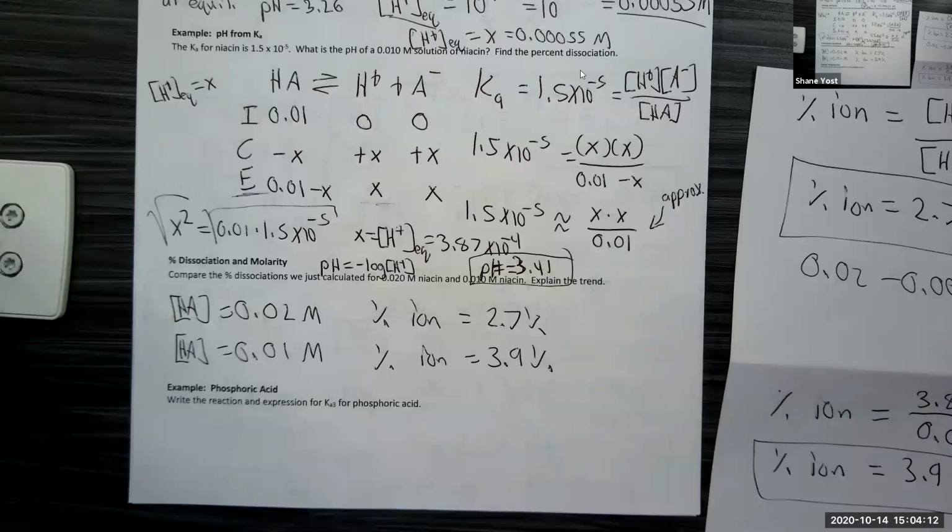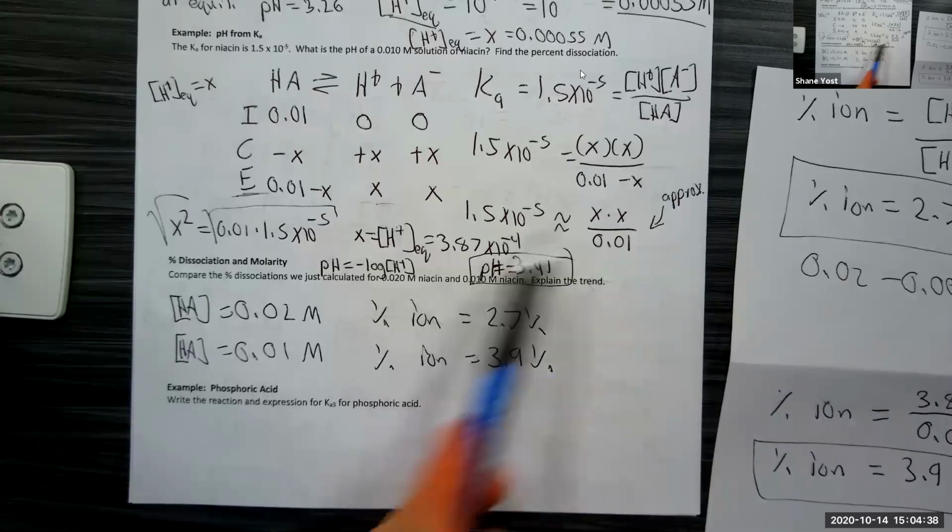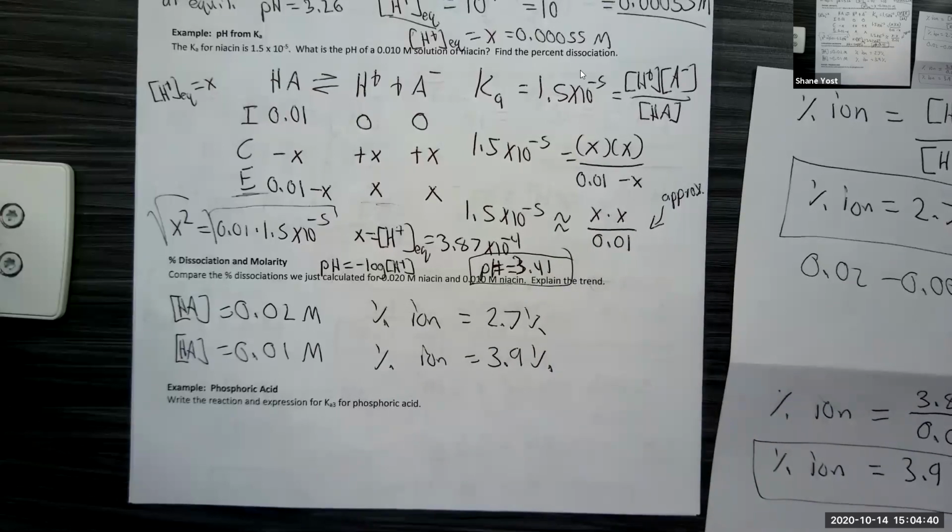But if we want to verify that our approximation is valid, we calculate this percent ionization and see that it's less than like 5 to 10%. Then we'd say, okay, this approximation is going to work out just fine. In this class, you aren't necessarily going to need to calculate the percent ionization to say the approximation is going to work. You can just use that assumption.